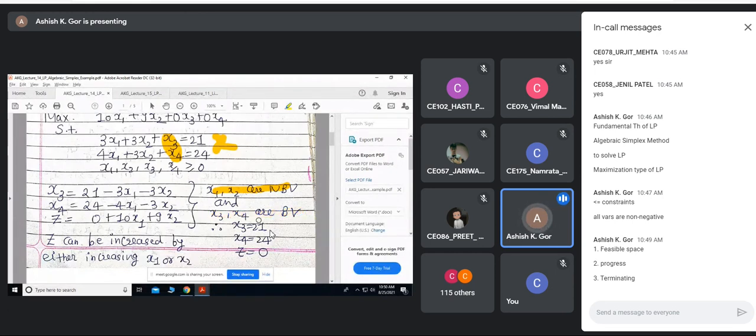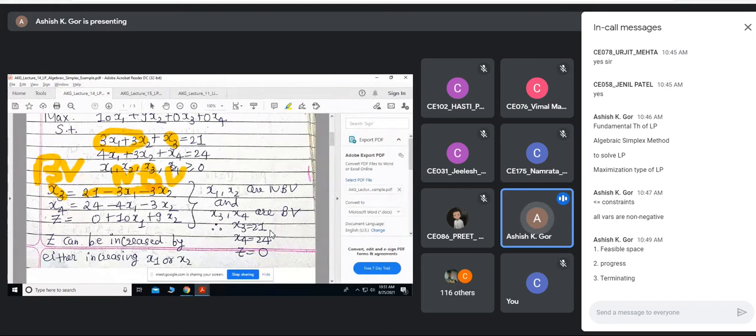See, whatever the basic variables are, you have to write an equation in terms of that. So I'll write x3 equals 21, and you take everything on the right side: 21 minus 3x1 minus 3x2. On the left-hand side it should be basic variables, and on the right-hand side of the equation it should be non-basic variables.